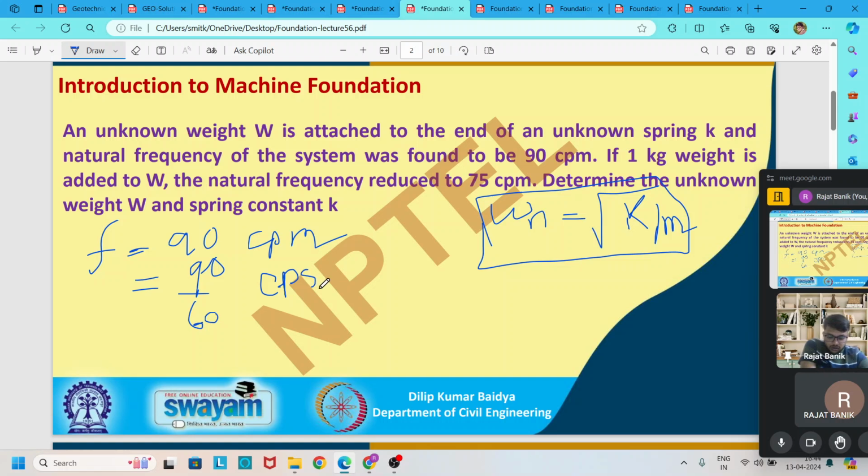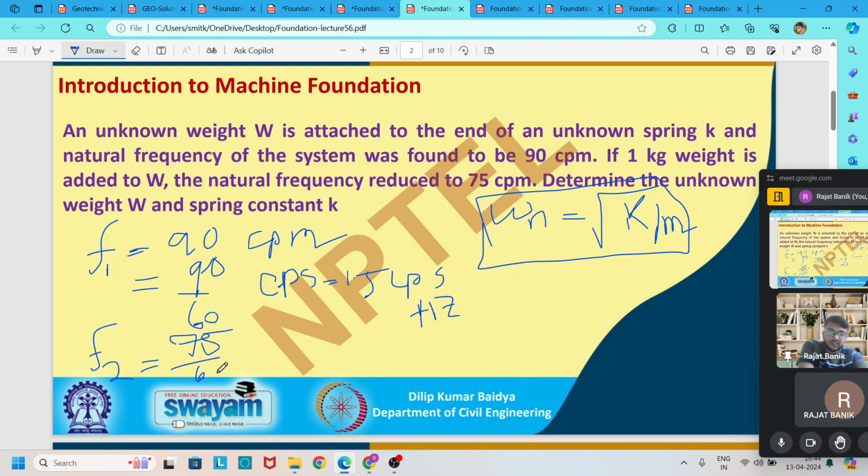which is equal to 1.5 CPS, and it is also called hertz. Then it is F1, the first case. And for the second case, when we add an extra 1 kg, F2 becomes 75 CPM.